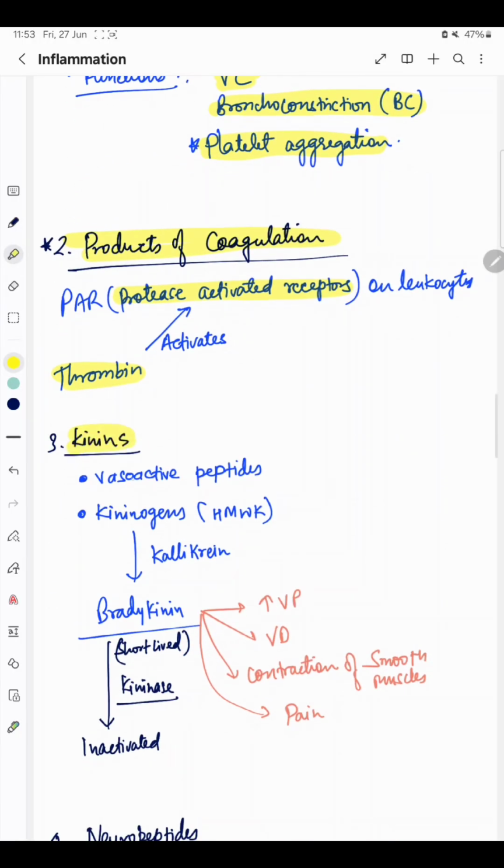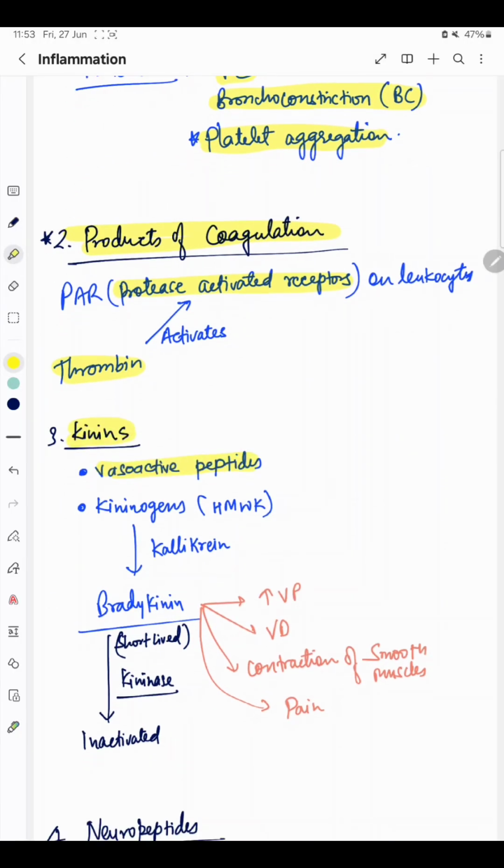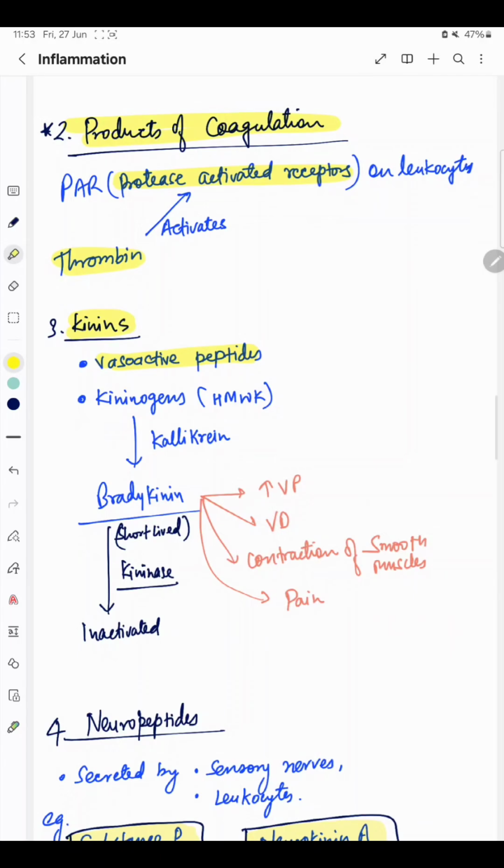Kinins are vasoactive peptides. The precursor is kininogen, a high molecular weight kinin, which with the help of kallikrein is converted into bradykinin, which is short-lived and inactivated by kininase. Bradykinin acts by increasing vascular permeability, is responsible for vasodilation and contraction of smooth muscle, and plays an important role in pain.